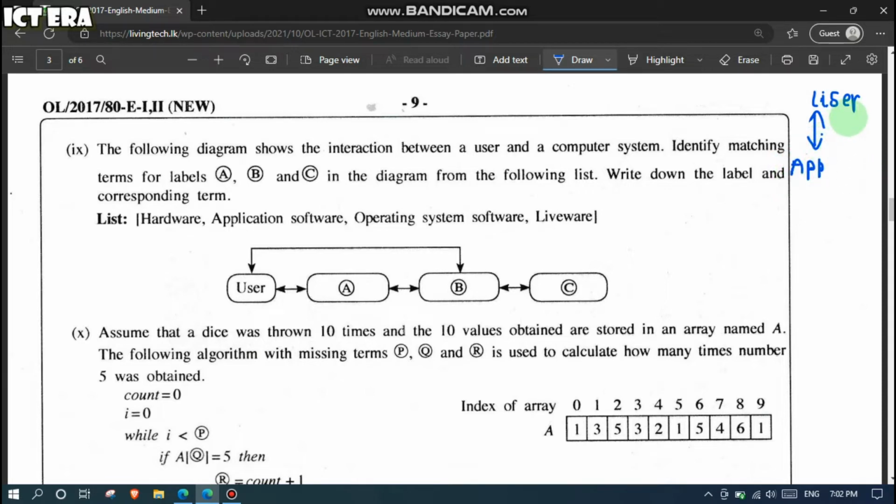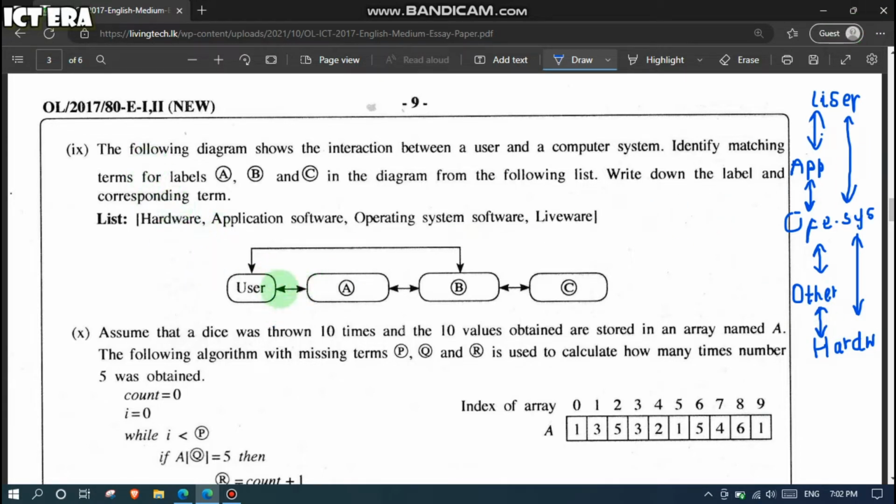Then also the user interacts with the operating system, right? And then this operating system again interacts with application software and other system software. So I will write here other, and also hardware and other system software also interact with hardware. So this is the chart that we learned.